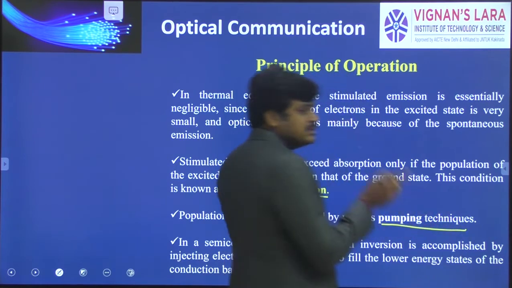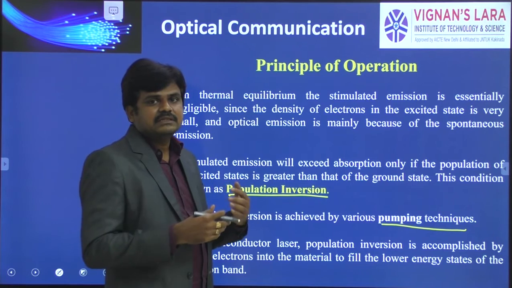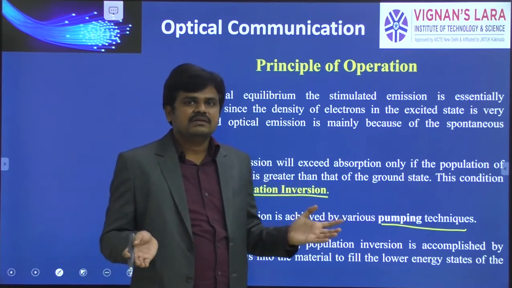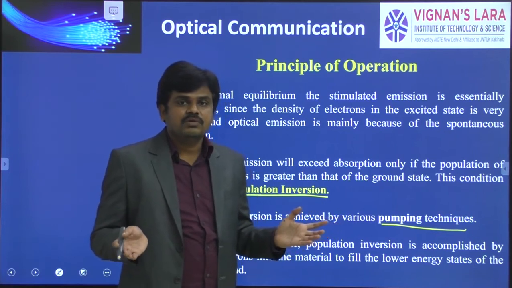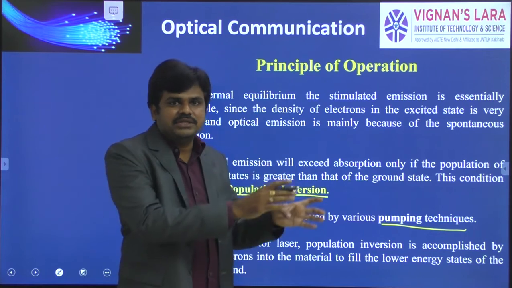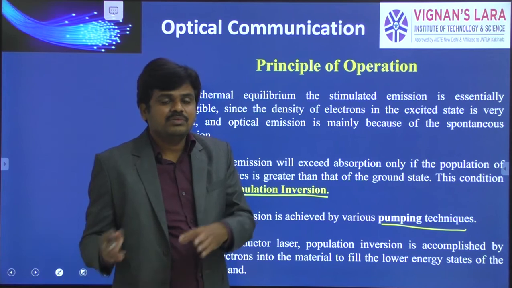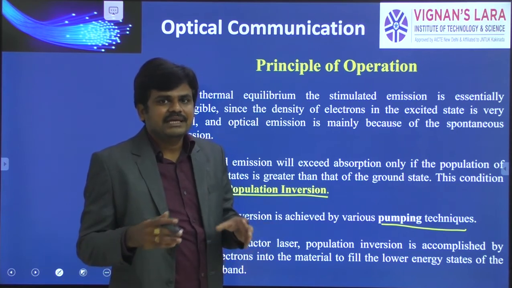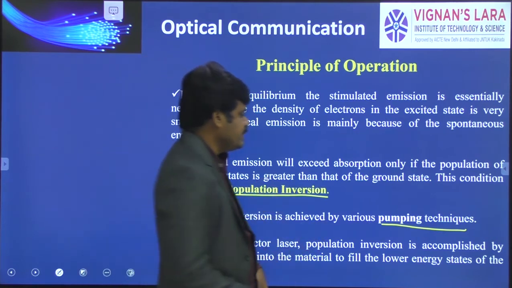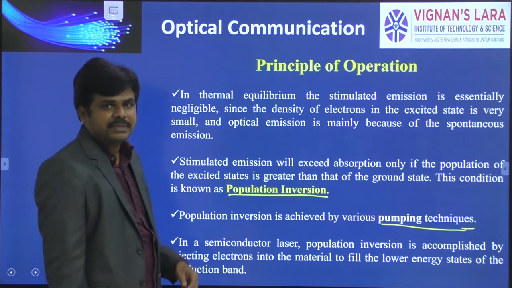Just now I said we will discuss why more electrons are present in energy state E2 than in energy state E1. How is it possible? We are creating that environment, based upon certain pumping techniques.